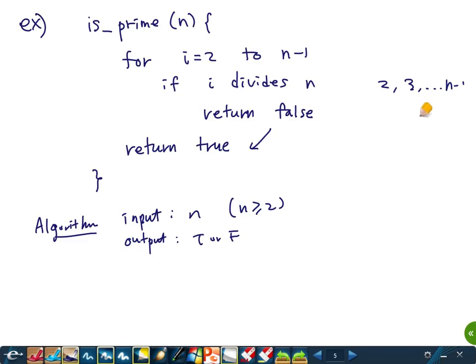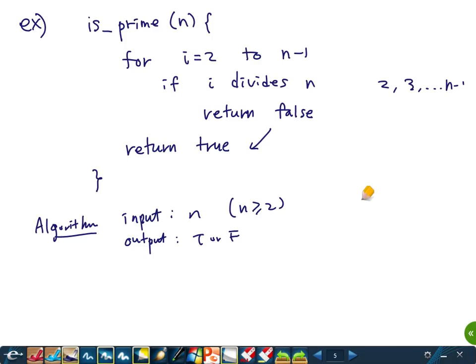Then n must be a prime. So it returns true only if it passes all of these if statements. Otherwise, it will just find one divisor and then return false and finish. That's basically what this algorithm says, and that's how we determine whether a given number is a prime or not.